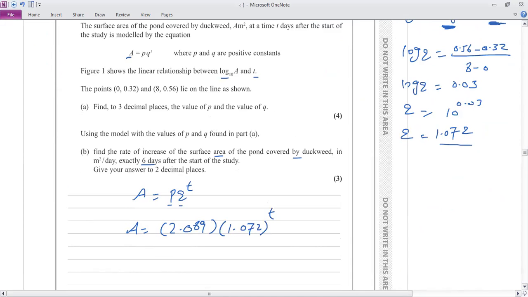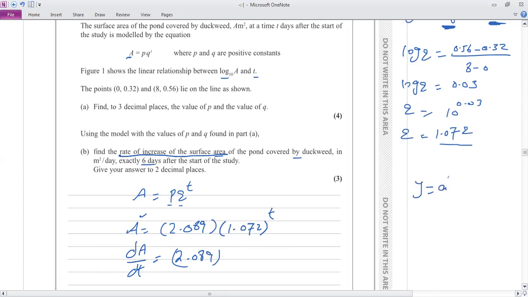Now we have to take the rate of increase of the surface area. So what is the rate of increase? Increase means rate of change. So it means we have to take the derivative of this one. It's depending on T, so we take dA over dt. This is constant, as it is. And for this one, use this formula.